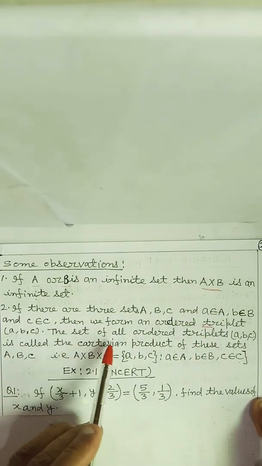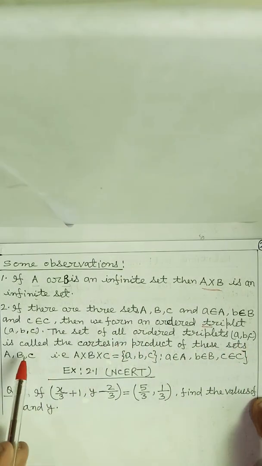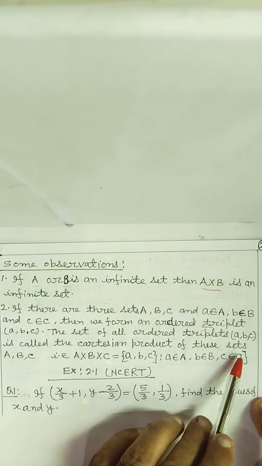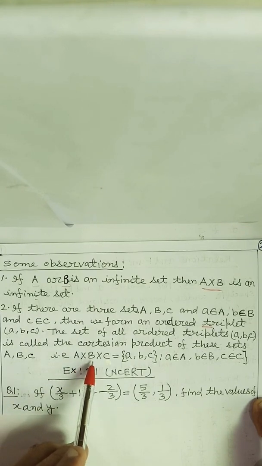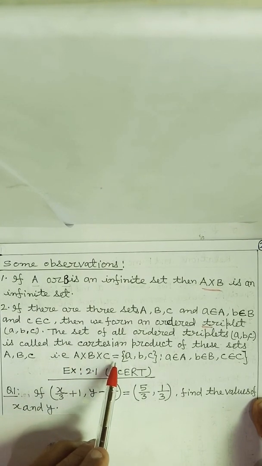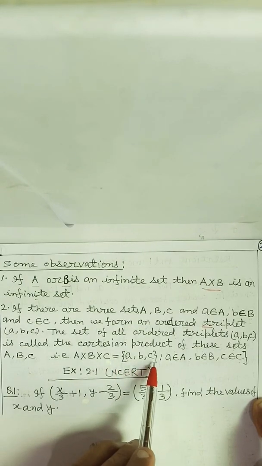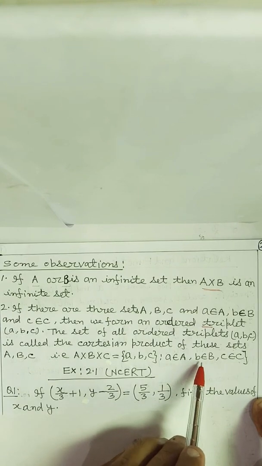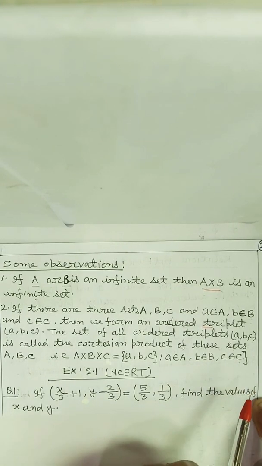The set of all ordered triplets (a, b, c) is called the Cartesian product of these sets A, B, C, that is A cross B cross C equal to {(a, b, c) such that a belongs to A, b belongs to B, and c belongs to C}.